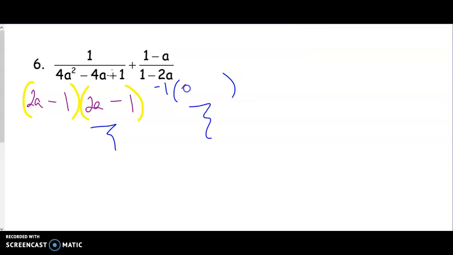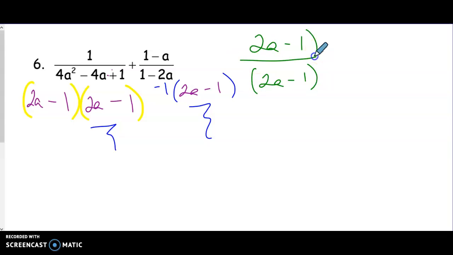All right, so 2a minus 1. So this one, we need to introduce another 2a minus 1, whatever down bottom, do on top. The other side, so this is my lowest common denominator. Negative 1 times 2a minus 1 times 2a minus 1.